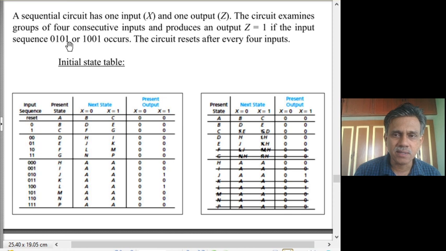If a 1 occurs, then the pattern would have occurred. So you look for the state where this 0 1 0 is there. This 0 1 0 corresponds to the state J. In state J, when the input is 1, then the pattern is complete. So that is this. In state J, when the input is 1, you produce a 1 and go to the reset state.